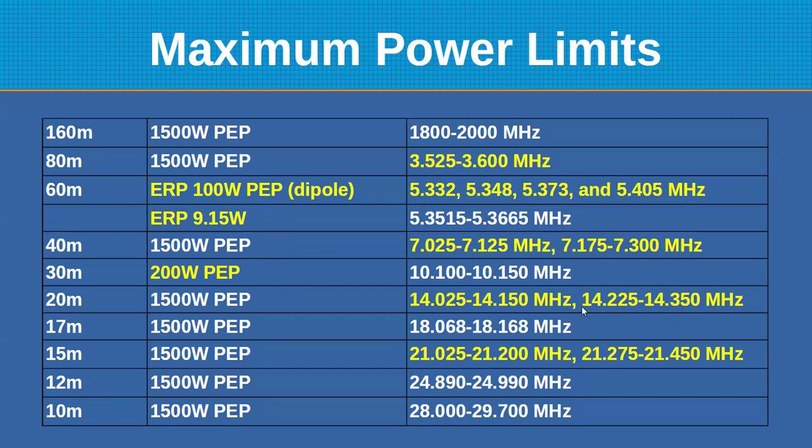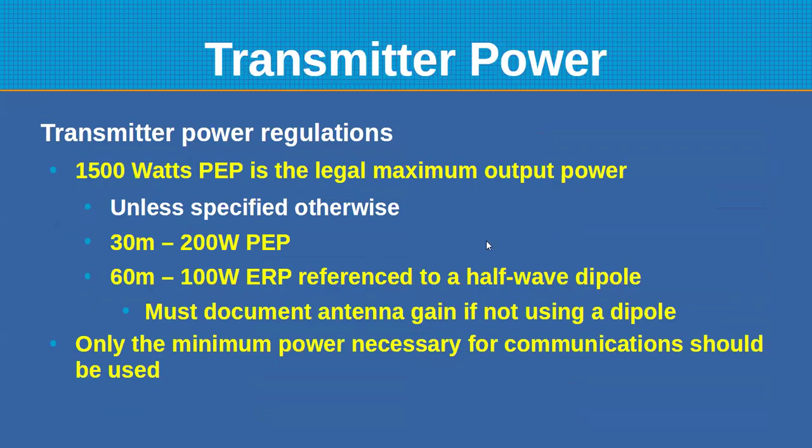The ones in yellow are the ones where there's that subband in the middle for extras and advanced. So 1500 is the legal maximum output power, unless there's an exception, which are the 30 and the 60.